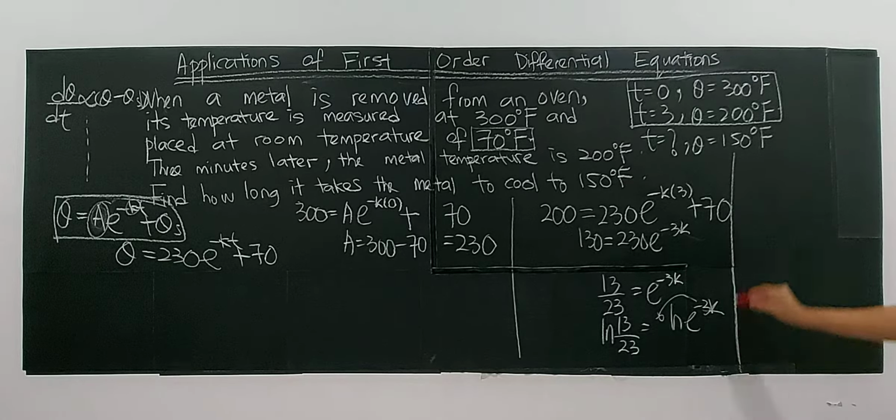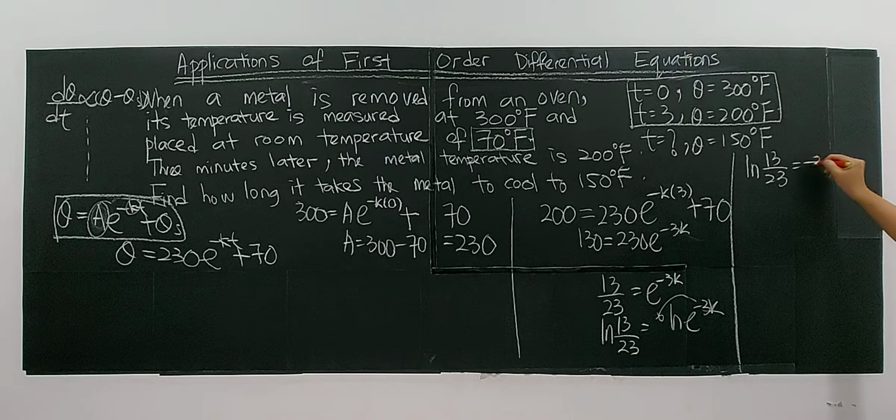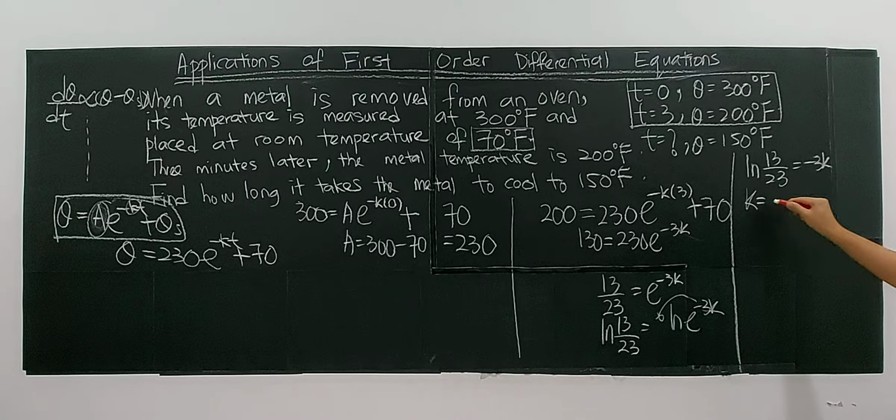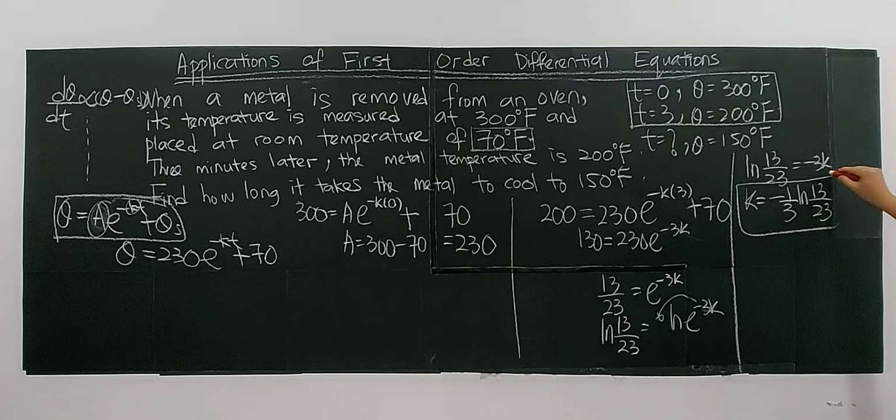So you get ln 13 over 23 equals negative 3k, as ln e has already become 1. So k will be negative 1 over 3 ln 13 over 23. So this is the cooling constant here.